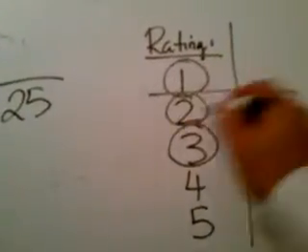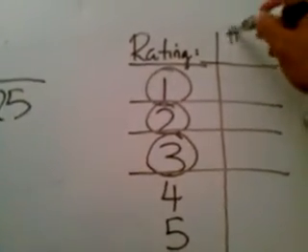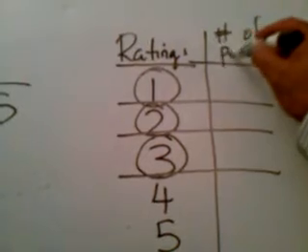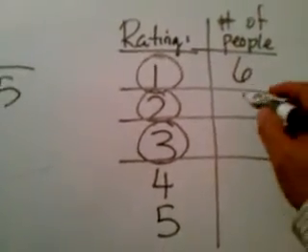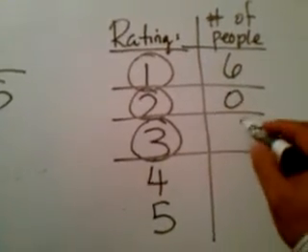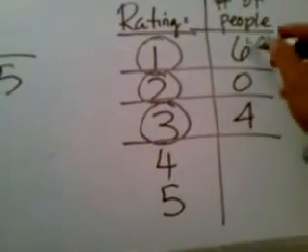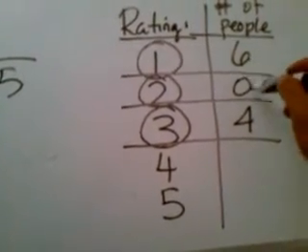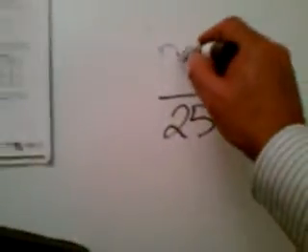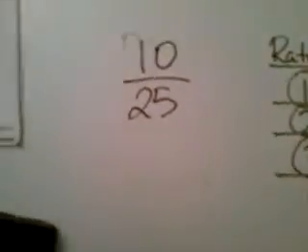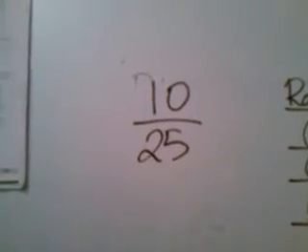And if I look over to the column right next to it for the number of people, it says 6 people gave it a 1, nobody gave it a 2, and 4 people gave it a rating of 3. So let me just add these up. 6 plus 0 plus 4 gives me 10. So really, 10 out of 25 people that watched the movie gave it a rating of 3 or less.